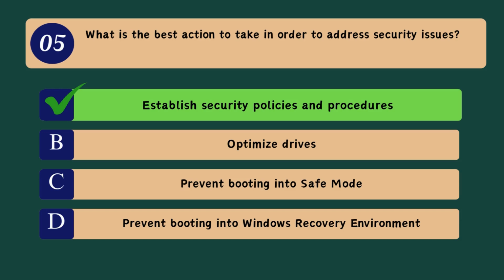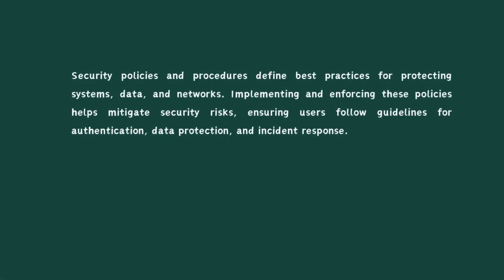A. Establish security policies and procedures. Security policies and procedures define best practices for protecting systems, data, and networks. Implementing and enforcing these policies helps mitigate security risks, ensuring users follow guidelines for authentication, data protection, and incident response.